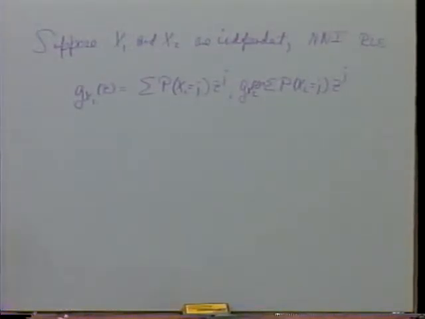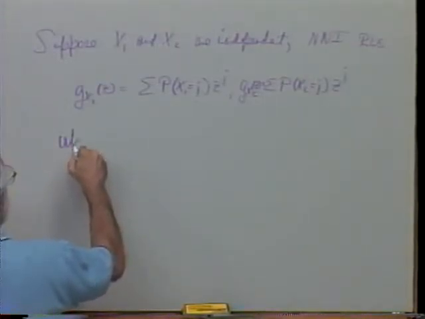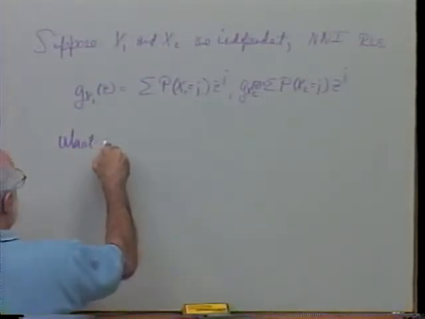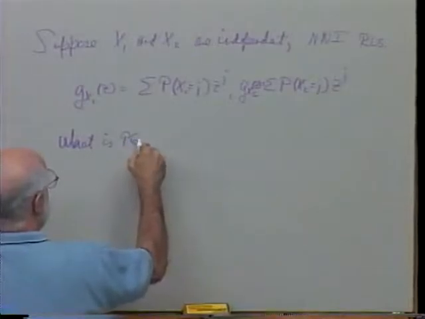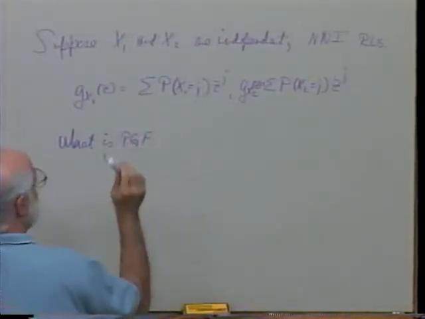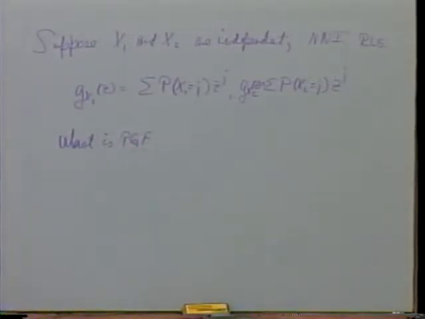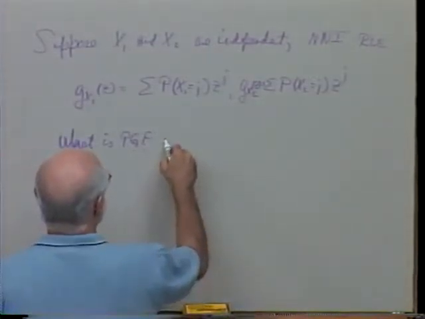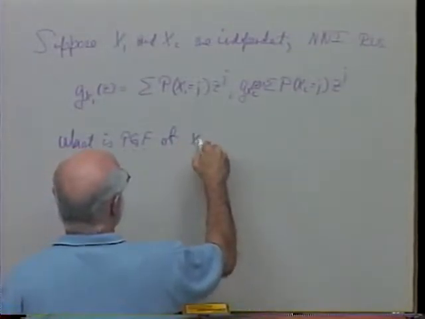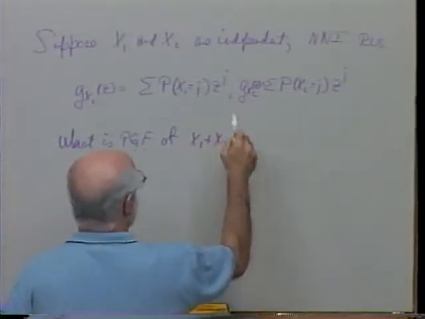Okay, so the question: what is the PGF, probability generating function, sometimes written little PGF, sometimes with periods, sometimes without periods. What is the PGF of the sum x1 plus x2?